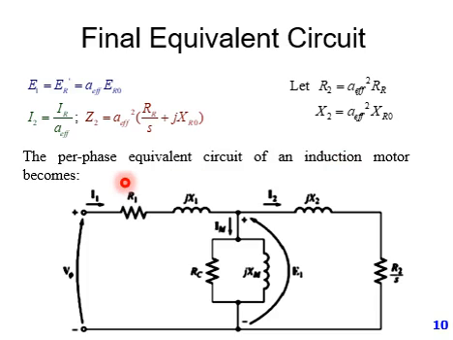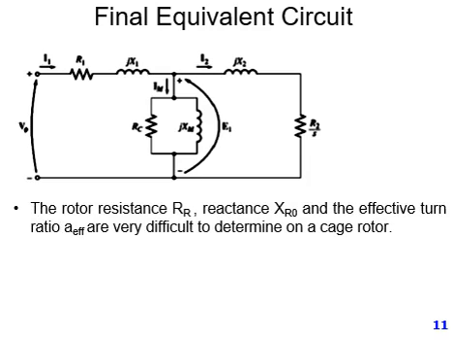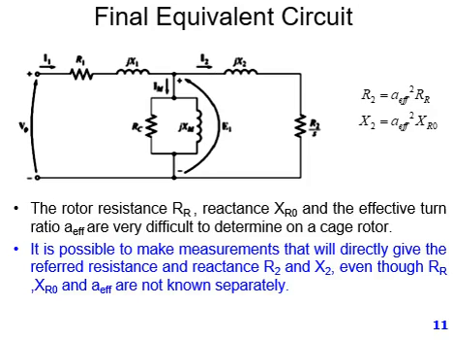The per phase equivalent circuit of an induction motor becomes something like this, and from here we can find the values of the parameters. The rotor resistance RR, the reactance XR0, and the effective turns ratio A effective are very difficult to determine on a cage rotor, but we can find the values of R2 and X2.